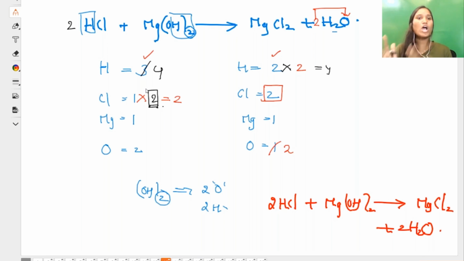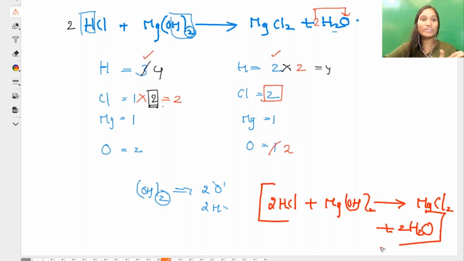Okay? Right. So how many of you in the class were stuck up in balancing? Take a look at this equation. Please tally your equation. Yeah? Did you get the same one? Right? That's good. Anyone in the class who was stuck up?